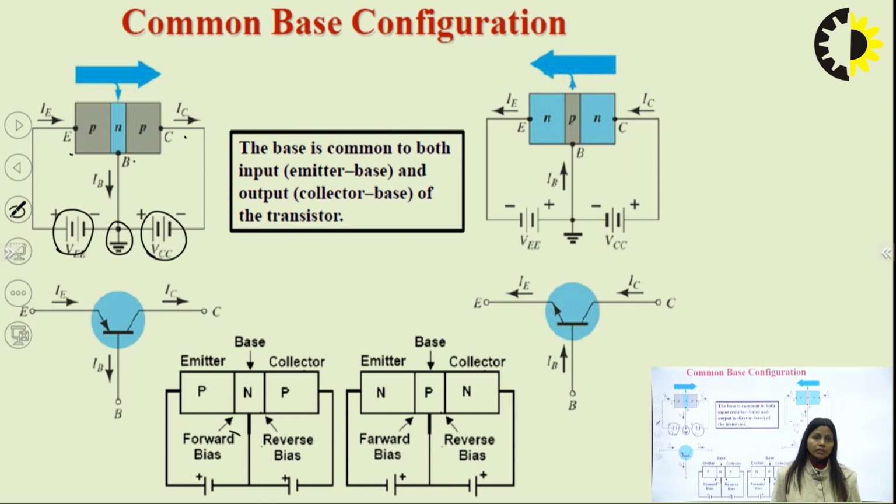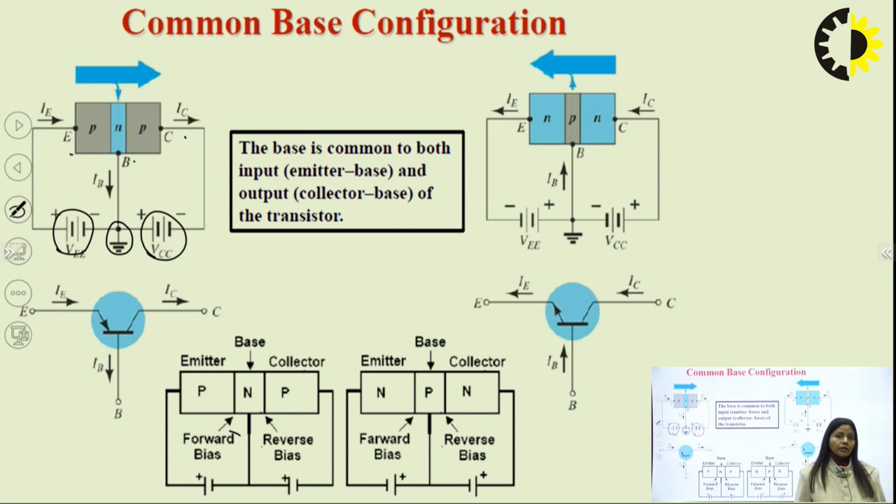Always remember, the output can be taken only from the collector terminal, and as far as the base is concerned, I can only give input to the base. So base: input; collector: output; emitter: both input and output.